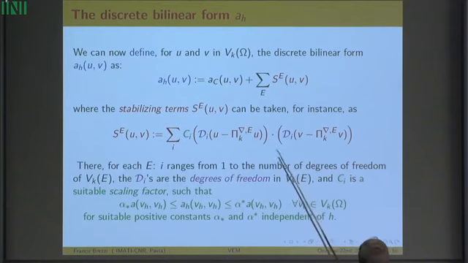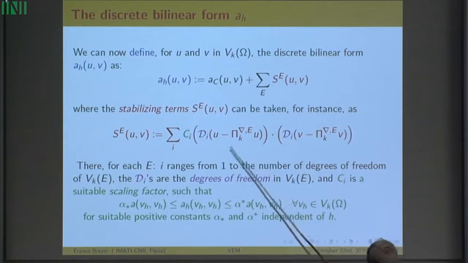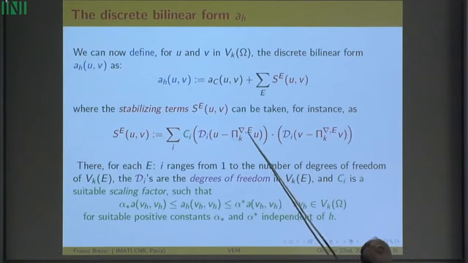So the idea is that you have to put here something, and this, you know, in mimetic finite difference, you wrote something like, you have to put any symmetric and positive definite bilinear form that does not hurt what you do here on polynomials of degree k. And now in virtual elements it is essentially the same idea. You apply something on the difference between your virtual element and its projection.